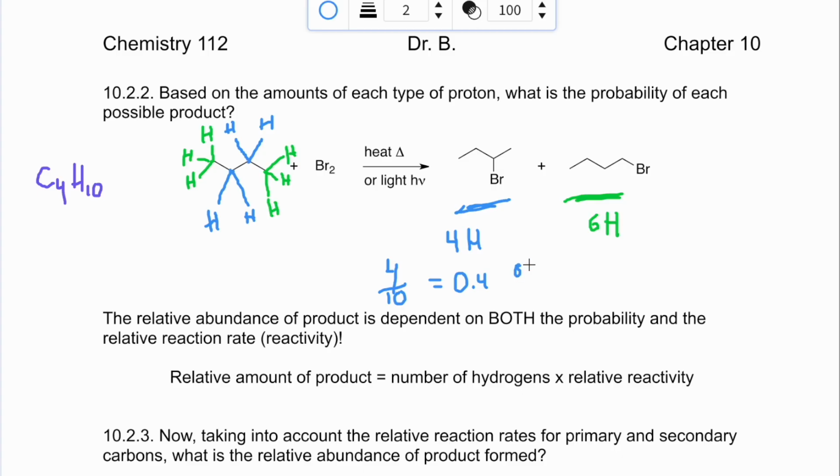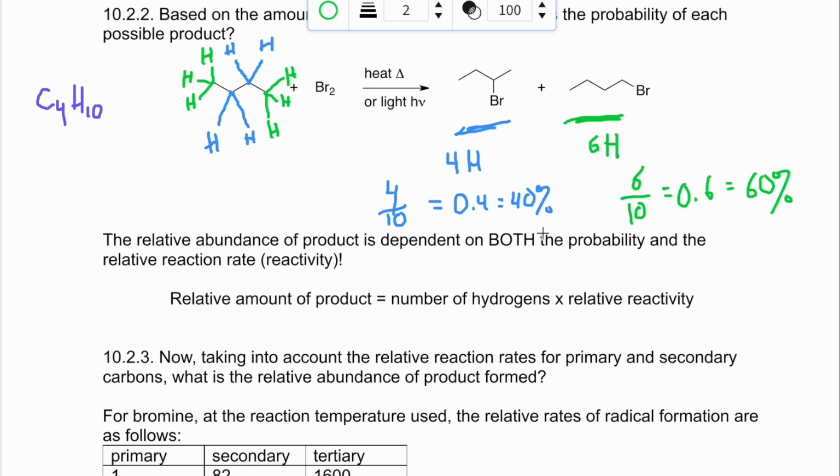So you have a 0.4 relative chance of getting that first product, which is 40%. For the second product, that's 6 hydrogens out of the 10 that are in the molecule. So that is a 0.6 chance, a 60% chance of getting the second product. And so if all of these hydrogens reacted equally, you would expect to get these two products in a 40-60 mix.